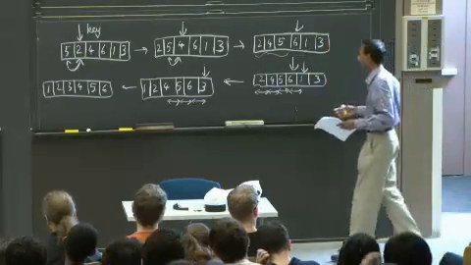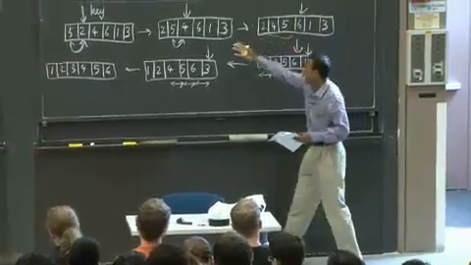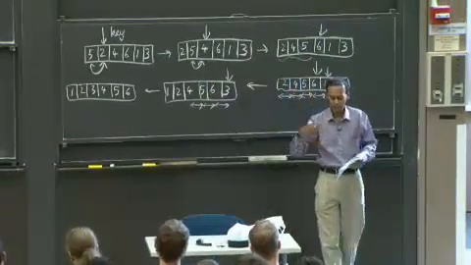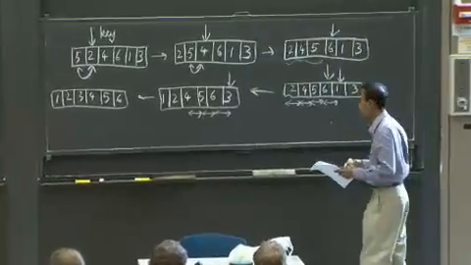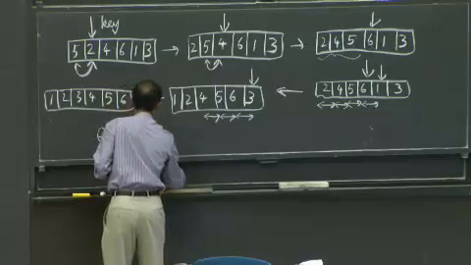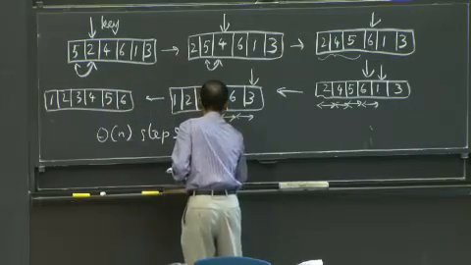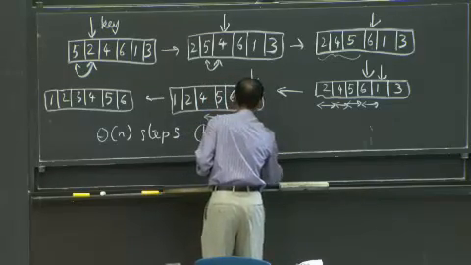I have theta n steps, and in this case, you can think of it as n minus 1 steps since you started with 2. But let's just call it theta n steps in terms of key positions.